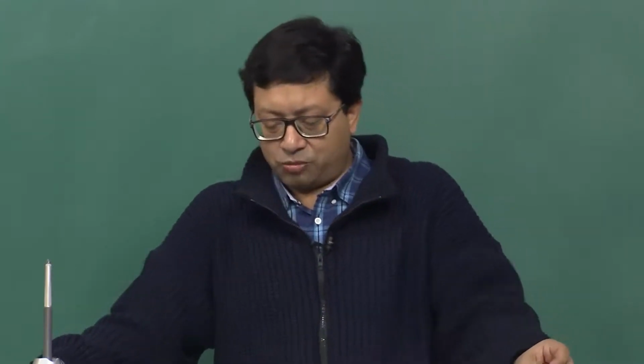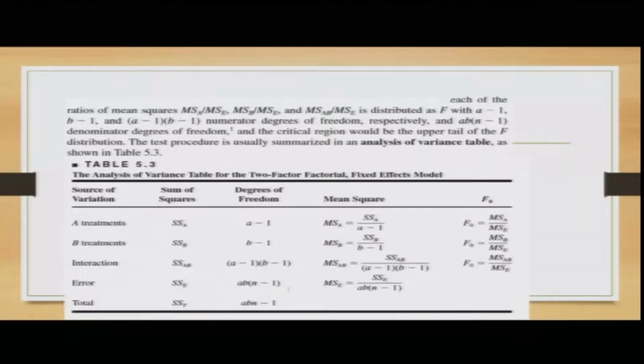They would be distributed as F with degrees of freedom corresponding to the factors, respectively small a minus 1, small b minus 1 and a minus 1 into b minus 1. So, this is what we just saw in the numerators, to give you the concept of the degrees of freedom.